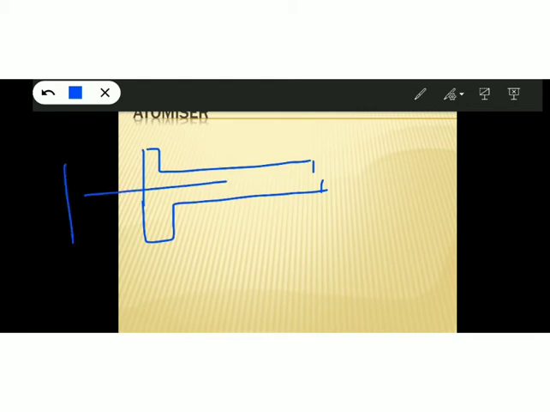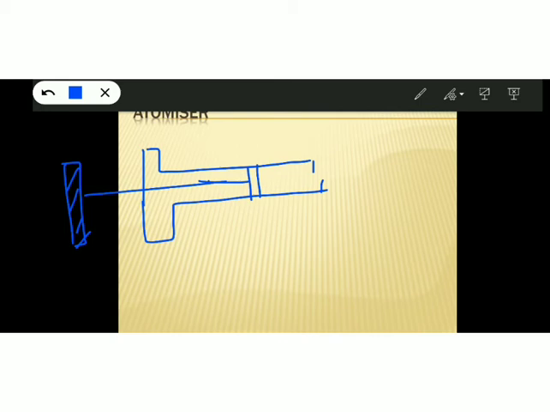We can see a cylinder. There is a cylinder in an atomizer, and this cylinder is provided with a piston. This is the piston. What happens when the piston is pushed inwards? Before that, we should connect a small vessel.